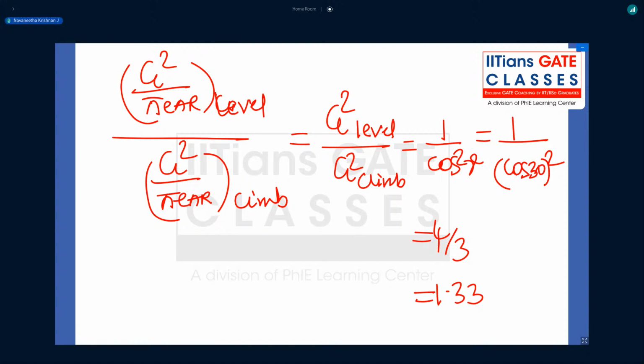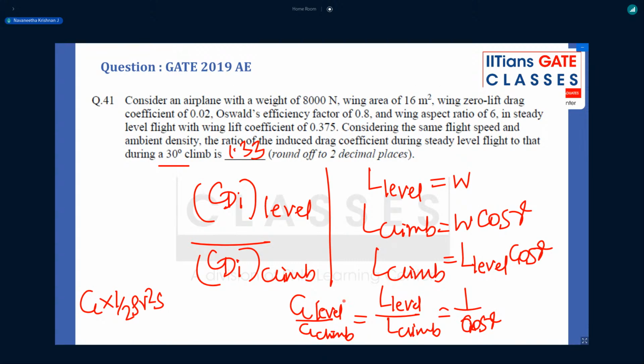For a 2 mark question, you can take up to 3.6 minutes. You cannot keep dragging questions, solving them and putting in values. You cannot spend more than 3 minutes on a 2 mark question, and not more than 1.5 minutes on a 1 mark question if you are attempting all 65 questions. If you keep dragging, you will waste time and not be able to solve even the known questions. That should not be the case.